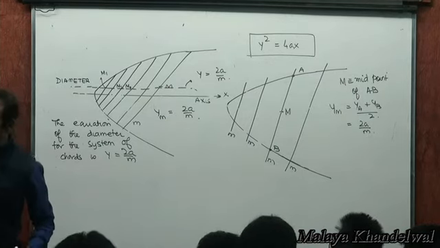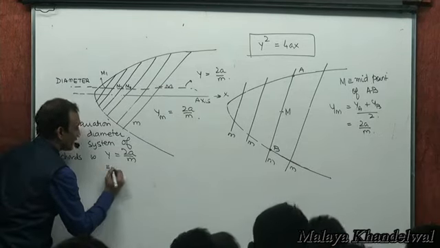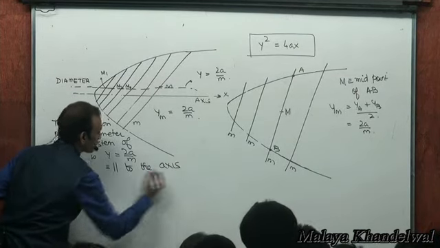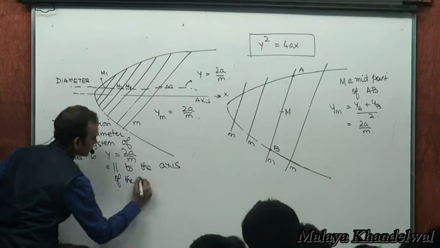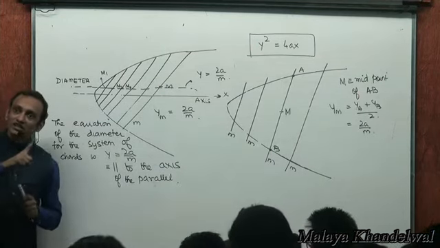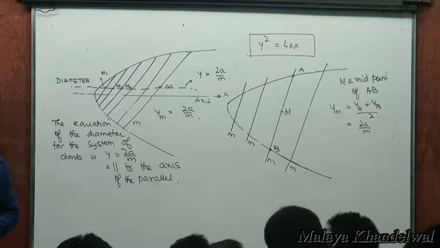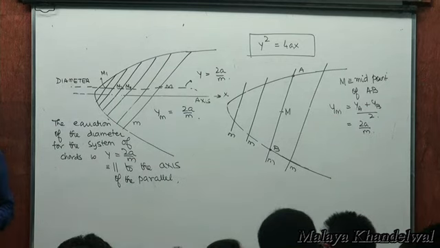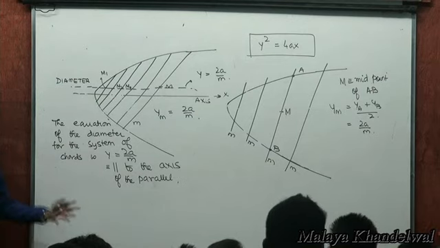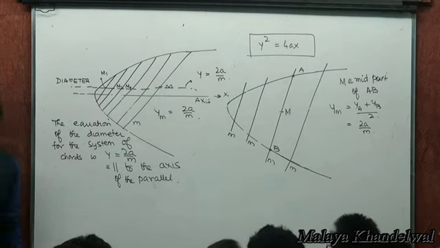That's a physicality you must bear in mind. The diameter of a system of parallel chords will always be parallel to the axis of the parabola. It so happens that in this case the axis and the x-axis are synonymous. Right? So this is the diameter, right?